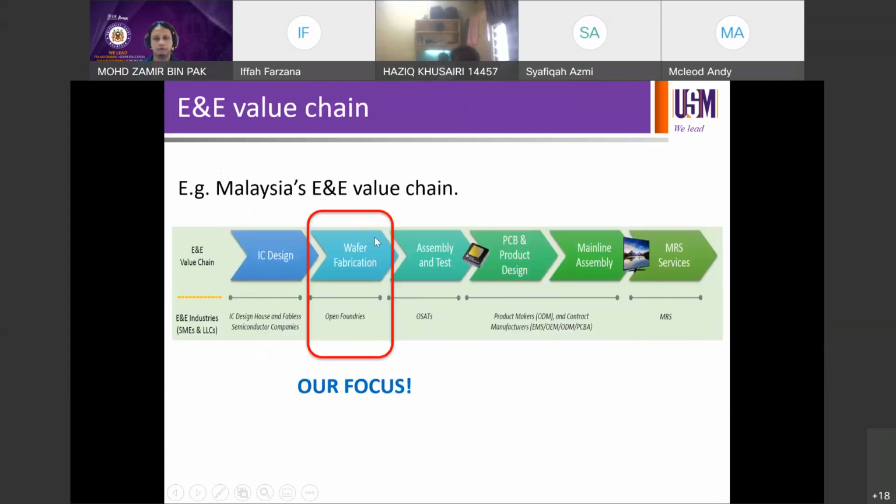So value chain, the focus will be here in wafer fab, right after the design. So we're going to learn later on when you want to print your circuit, you have to have your circuit design first. Okay, so circuit design will come in the form of a mask. Like when you want to print a shirt, you need the mold, the features that you want to print.